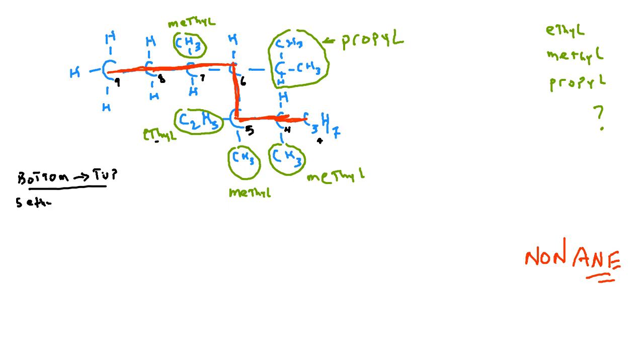Okay. Now we need the methyls. So there's a methyl on 4, a methyl on 5, and a methyl on 7. So we have 4, 5, 7, and so that's trimethyl.